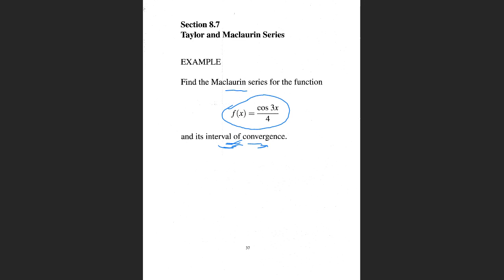Now, for the Maclaurin series, what is a equal to in the Taylor series? What's the value of a? That's right, Nathan, 0. Okay, Michelle, were you going to say that? All right, we'll give you credit for it too, okay?